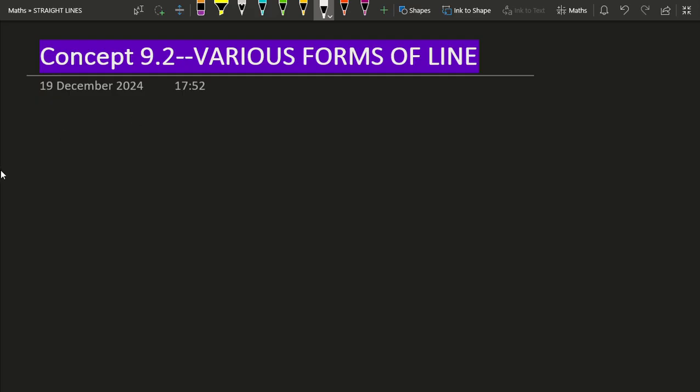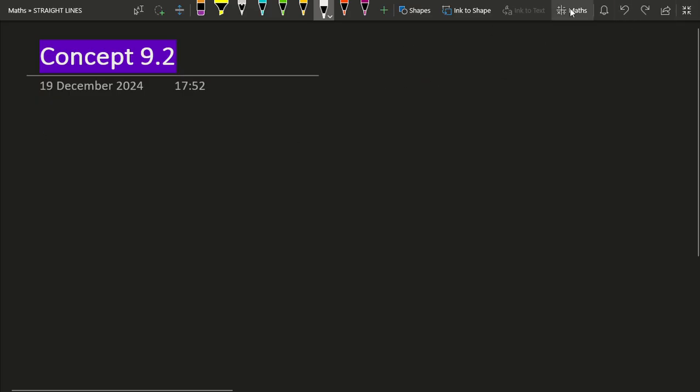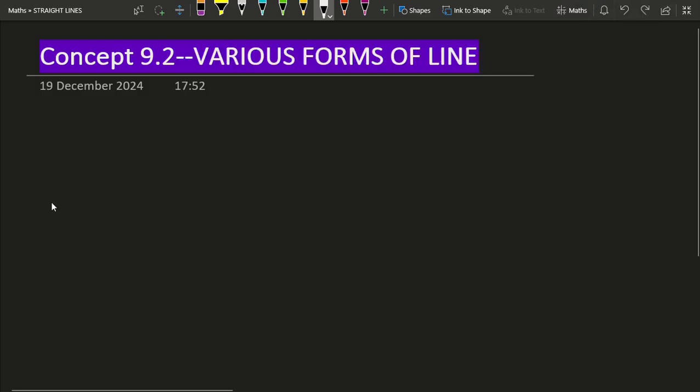So the first one is point slope form. What do you mean by point slope form? This one is also known as one point form.